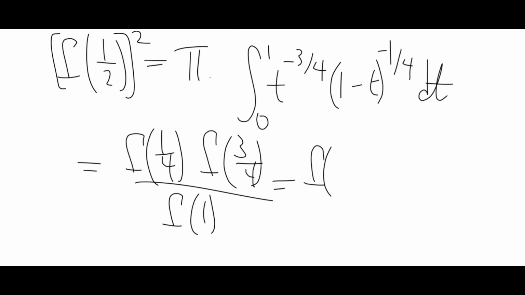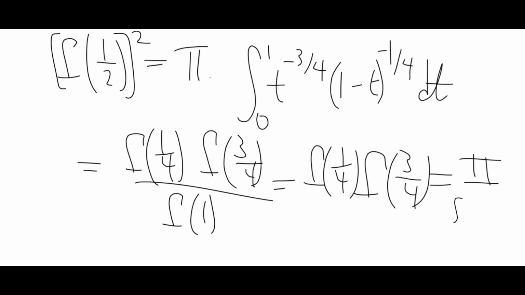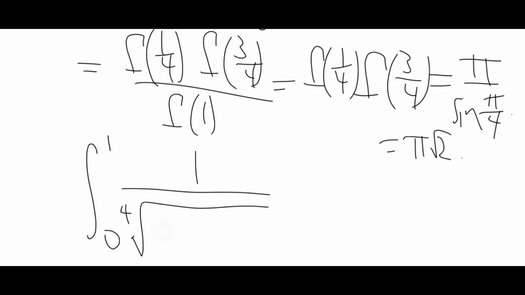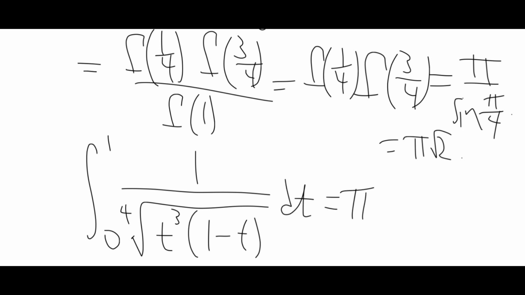Okay. And now we had this reflection formula. Gamma of z, gamma of 1 minus z was pi over sine pi z. Okay. So we get pi over sine pi over 4, which is pi root 2. Okay, so we end up with the integral from 0 to 1 of 1 over the 4th root of t cubed times 1 minus t equals pi times the square root of 2.